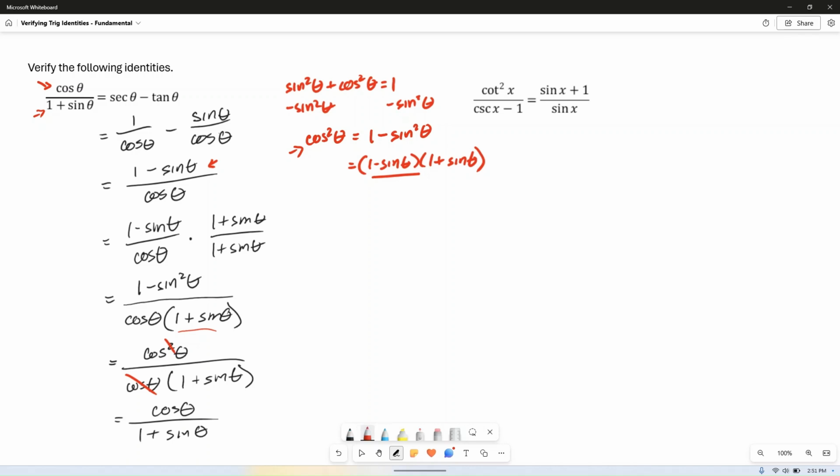And if you look at that, cosine of theta over 1 plus sine of theta matches what the left side of our identity was. So we have just shown that secant theta minus tangent theta is equivalent to cosine of theta over 1 plus sine of theta. And so that verifies the identity.